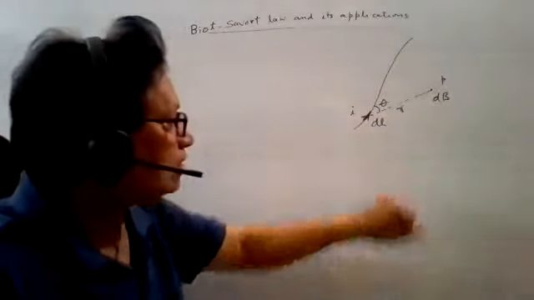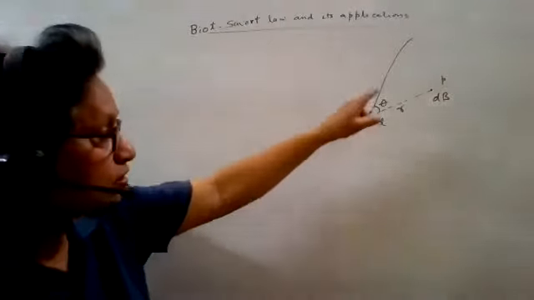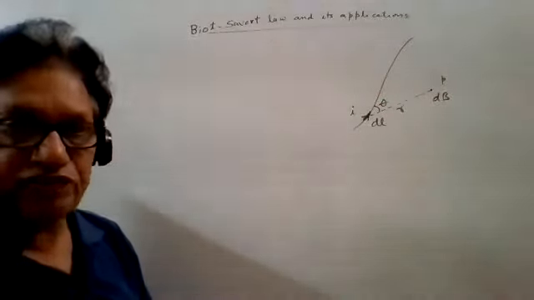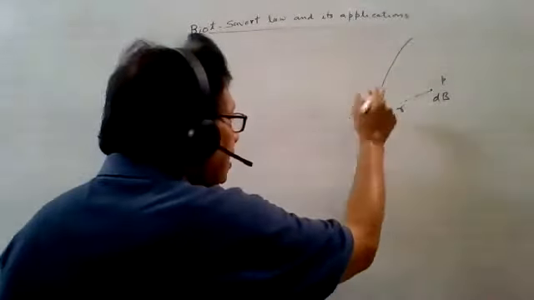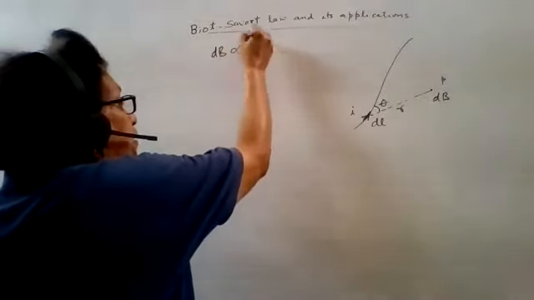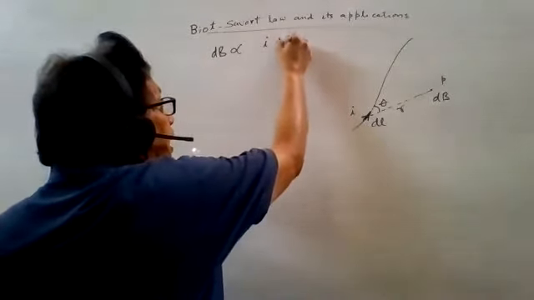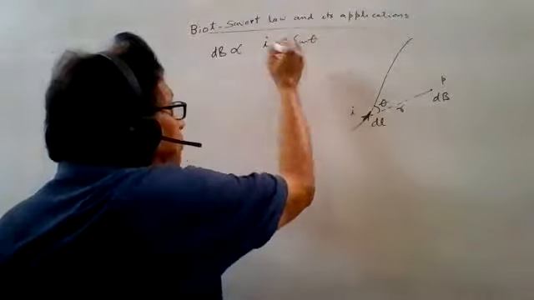It depends on r, the distance from the current element to the point P, where we are interested to find out the magnetic field. So here dB is directly proportional to I dl sin theta, and inversely to r square.